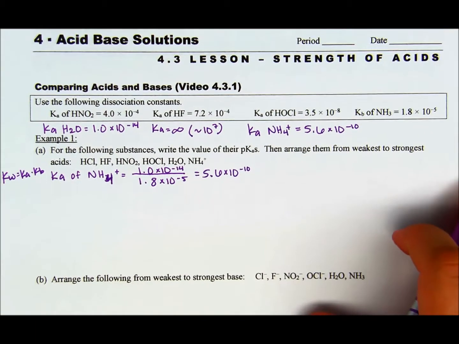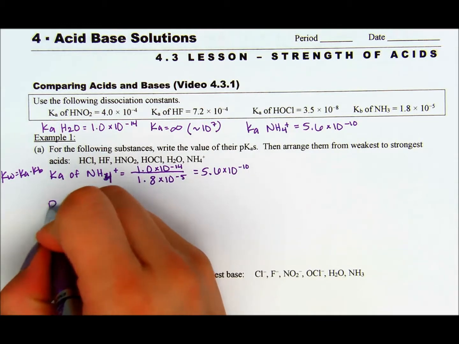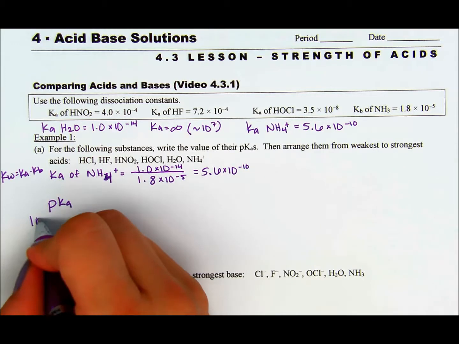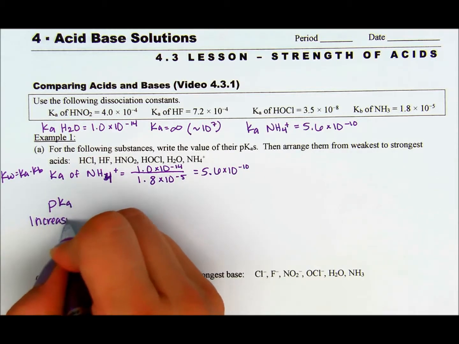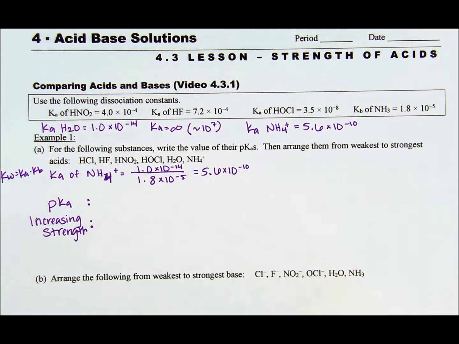Alright, so on the bottom, we're going to go ahead and take the pKa's. Now, your pKa's are just the negative log of the Ka's. So let's write pKa here, and we'll do increasing strength here, because we're going to rank these.